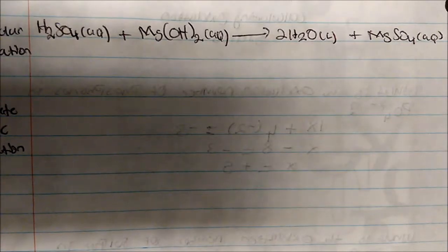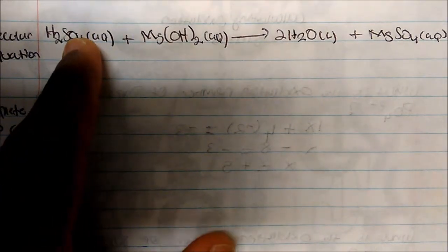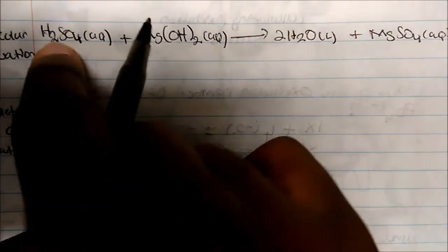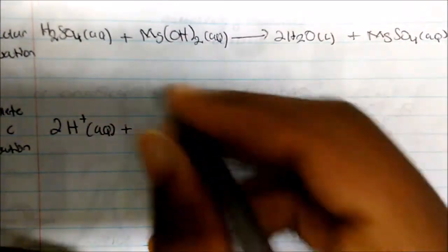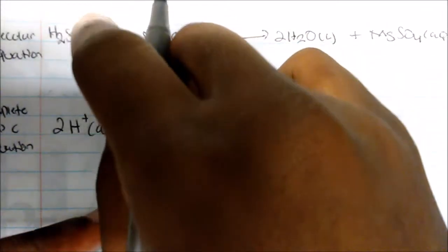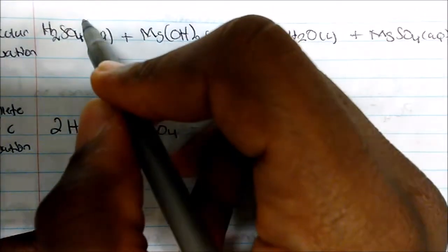Well, let's start. We know sulfate is a polyatomic ion. Essentially we have 2 hydrogens, so this will give us 2 H plus aqueous plus the sulfate, which is SO4. By the crisscross method, my 2 will now come on the top.